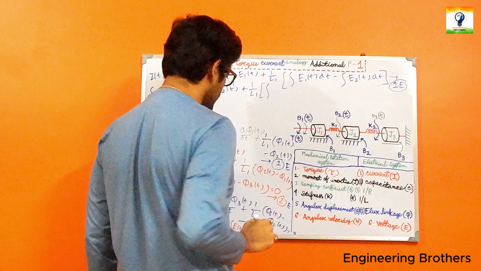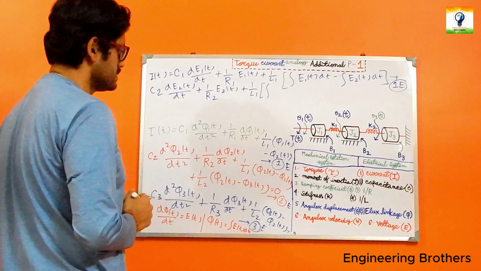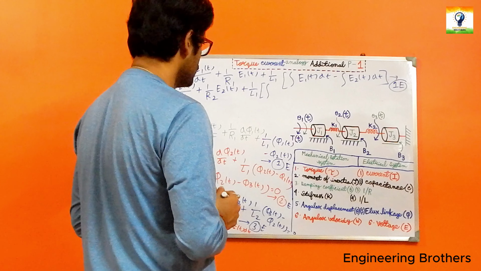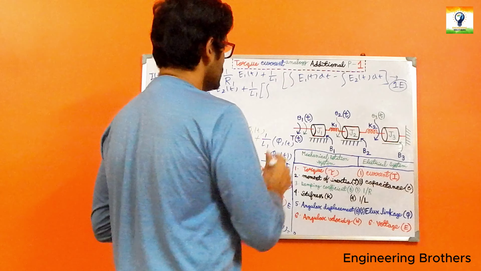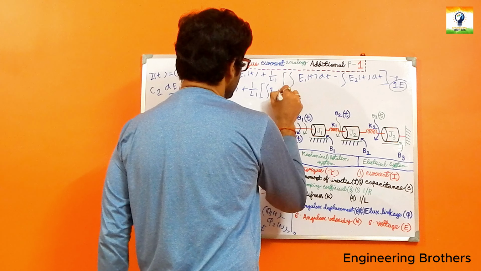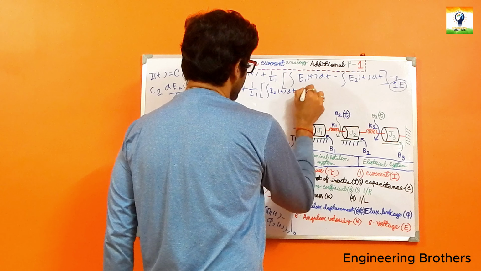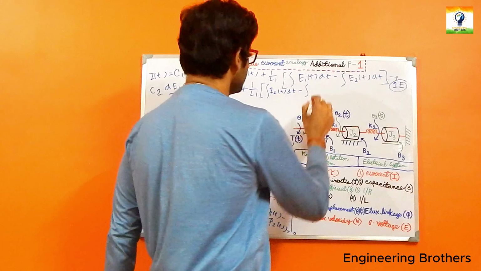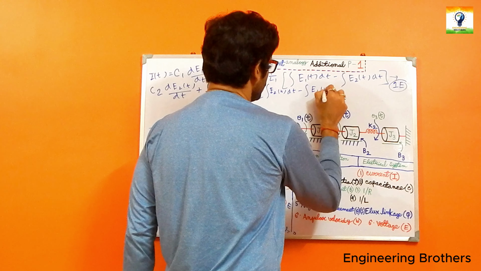Inside our bracket we have phi2(t). Phi2(t) means what? The integration of our E2(t) dt minus phi1(t), which means the integration of U1(t) dt.